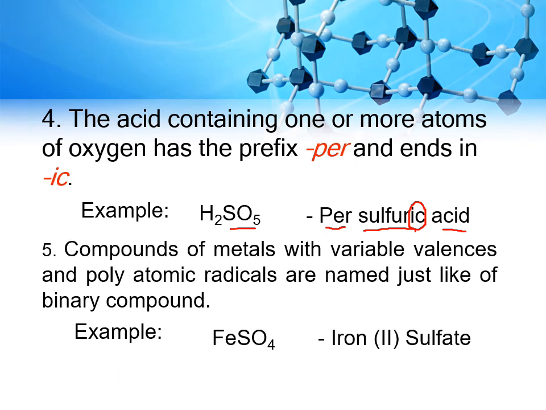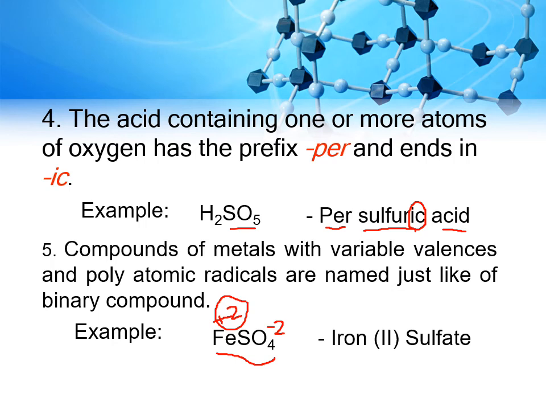So again, we assume that this compound already crossed over their oxidation numbers. Sulfate has an oxidation number of -2, while iron here has an oxidation number of +2. So therefore, the oxidation state used by iron here is +2.